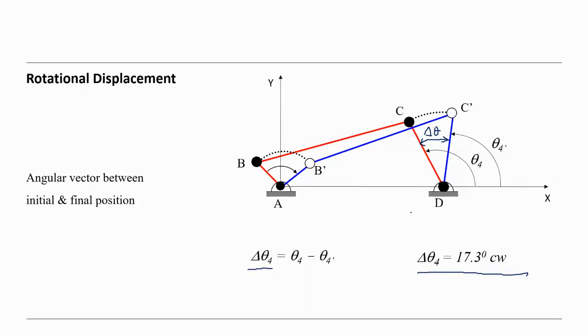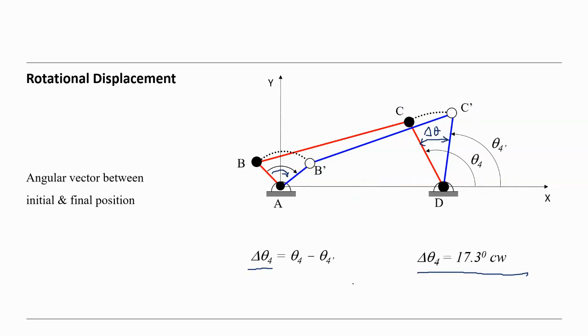17.3 degrees. We are saying clockwise because the motion is clockwise here. You see, this is the motion here. B is moving from the point B to B prime, and C is moving from the point C into the position C prime.